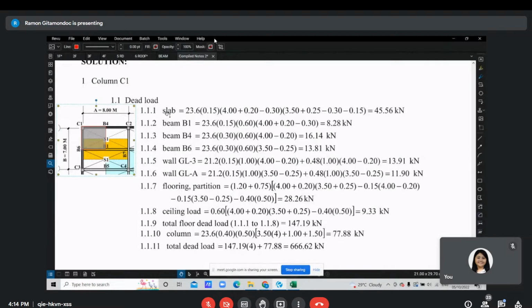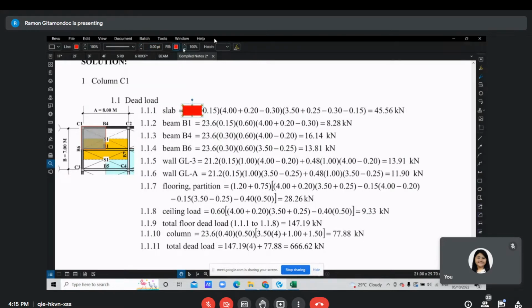Now, for example, sa slab, no? So 23.6, that is the unit weight of concrete. This is the unit weight of concrete, then multiply that by the slab thickness. So kaning maybe I'll just use a rectangle per point or to highlight, no?